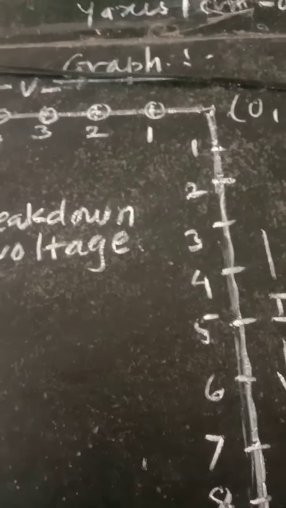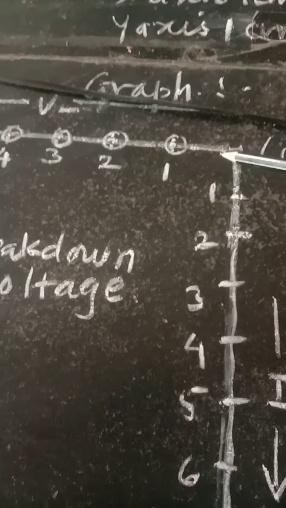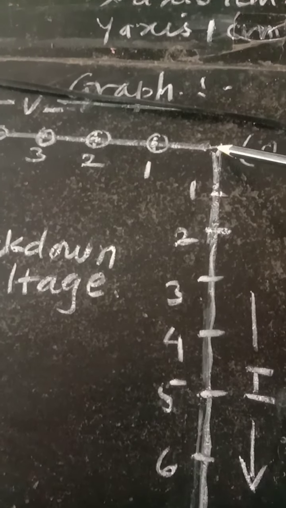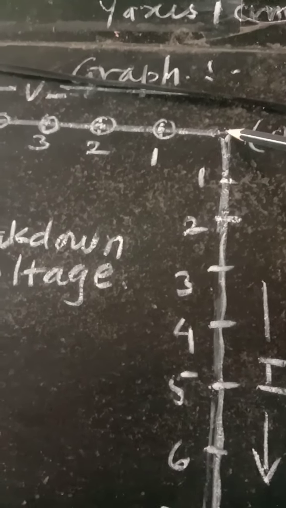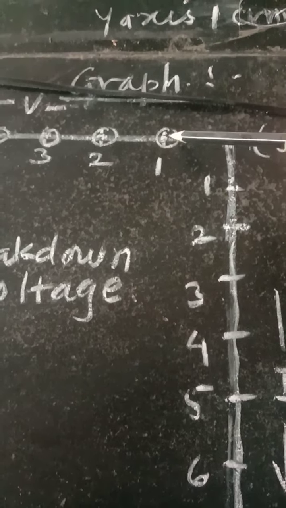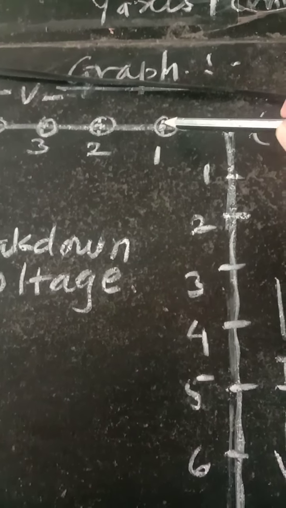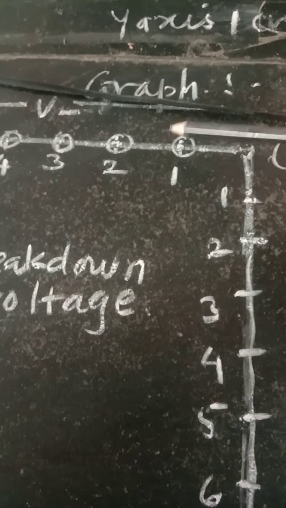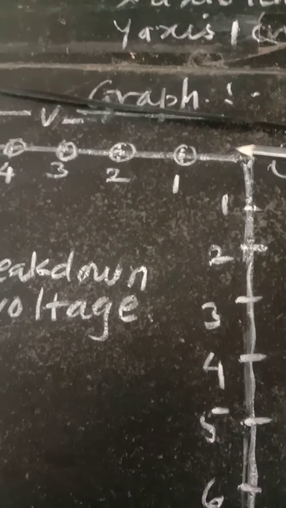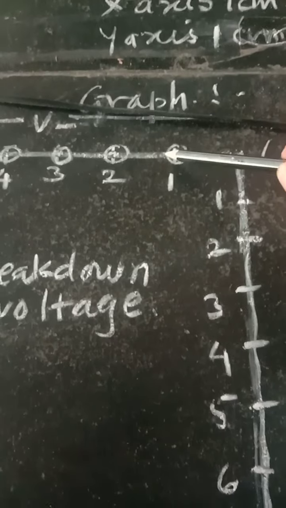Now the respective voltage and current: suppose for 0, 0, the initial reading was 0, 0. So the first point will lie here. The second point will be here. In this case there is no increase in the current, it will be 0, only the voltage will be increased. Suppose it is 1 volt, current is 0, therefore the second point will lie here.